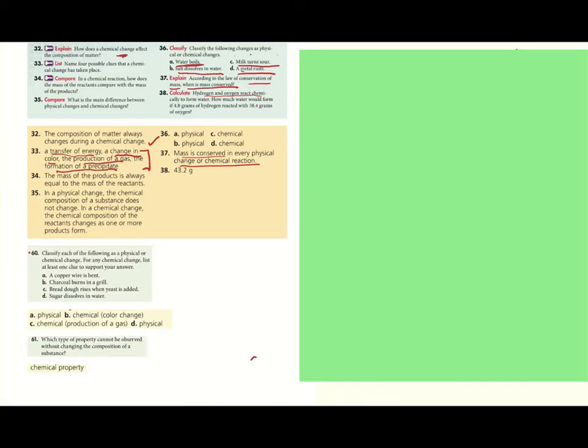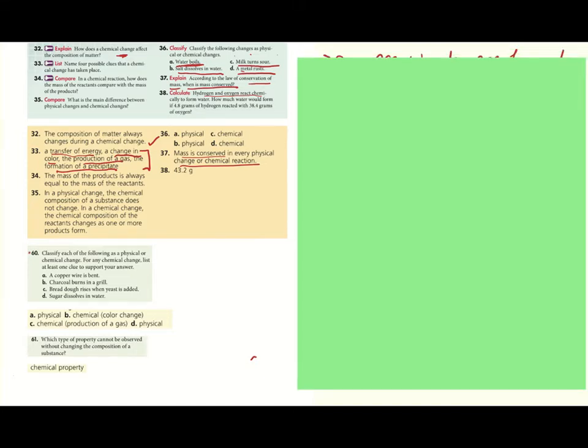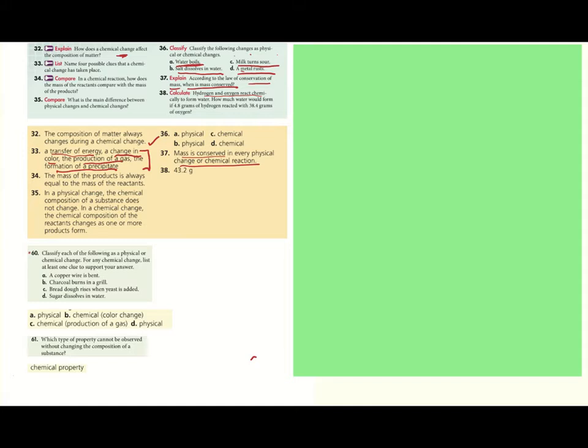First question, explain how a chemical change affects the composition. Chemical change always produces new matter, so it will change the composition. So there is a change in composition of matter.